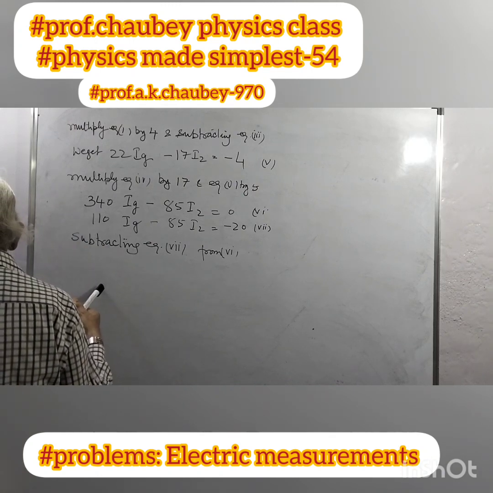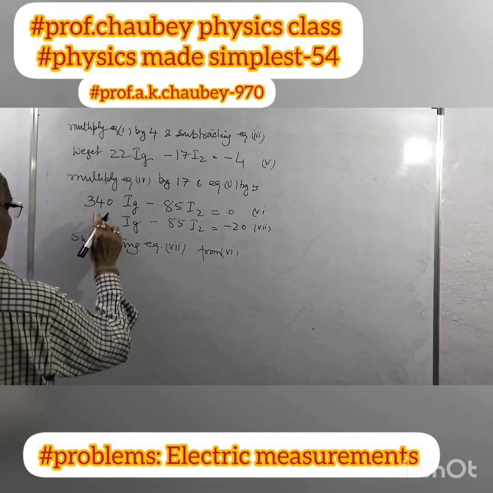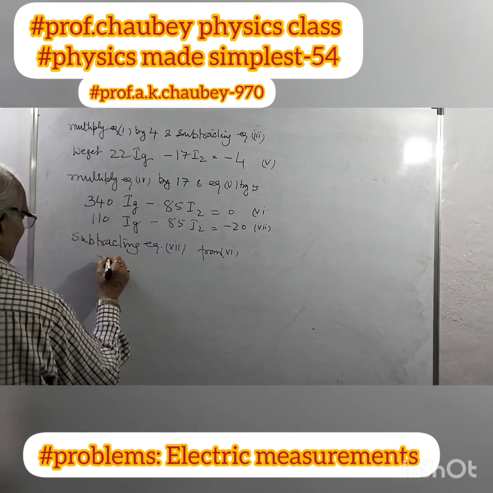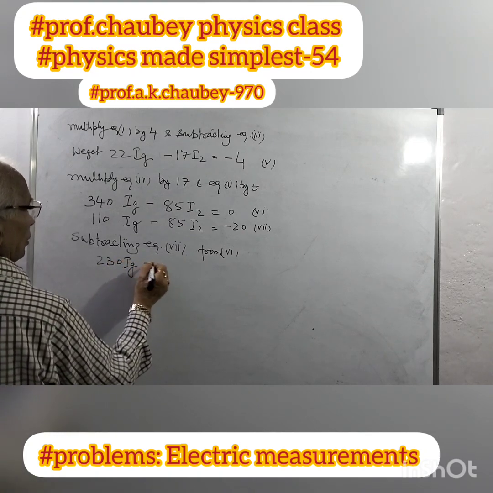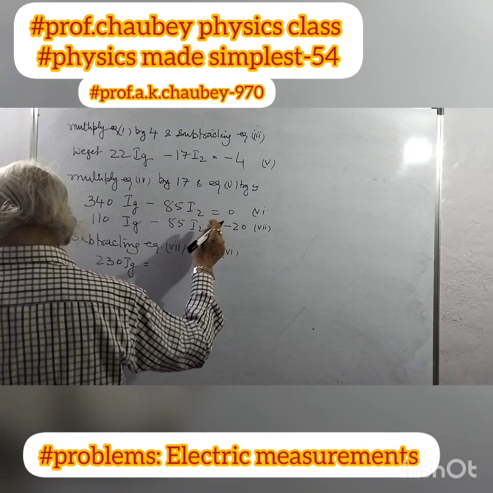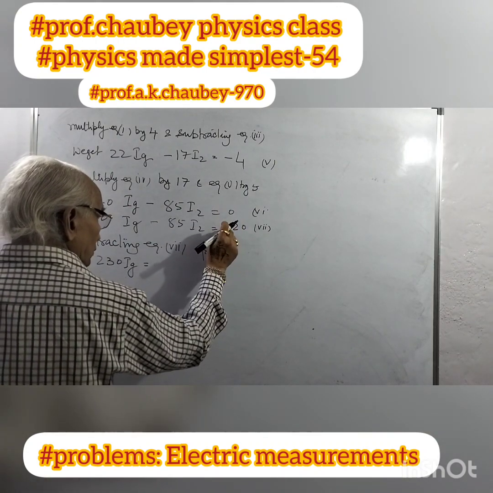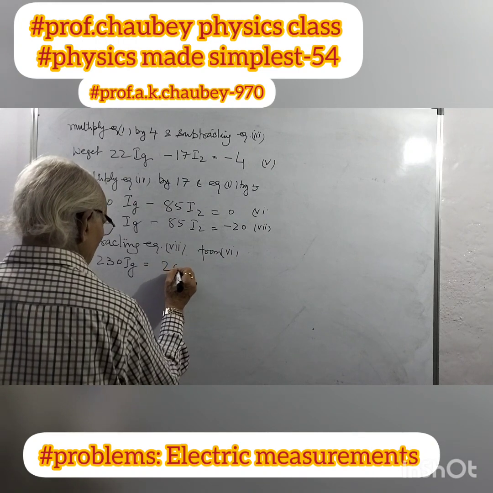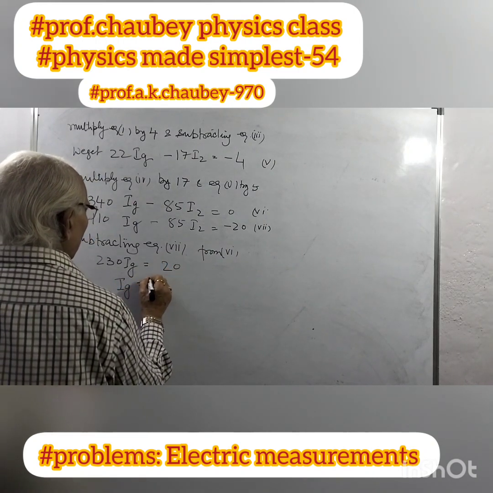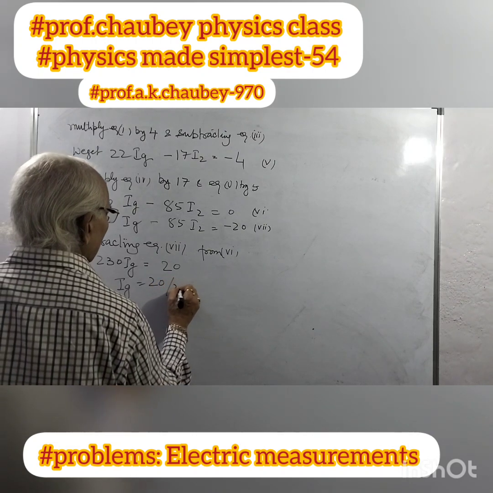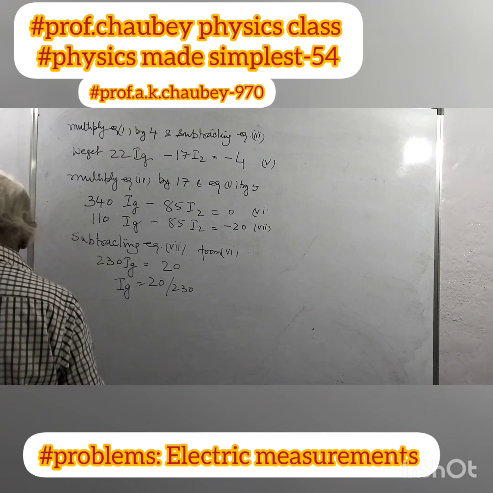What you will get? 230 Ig is equal to, you are subtracting here, so this becomes plus 20. So Ig becomes 20 upon 230. So that is 0.087.